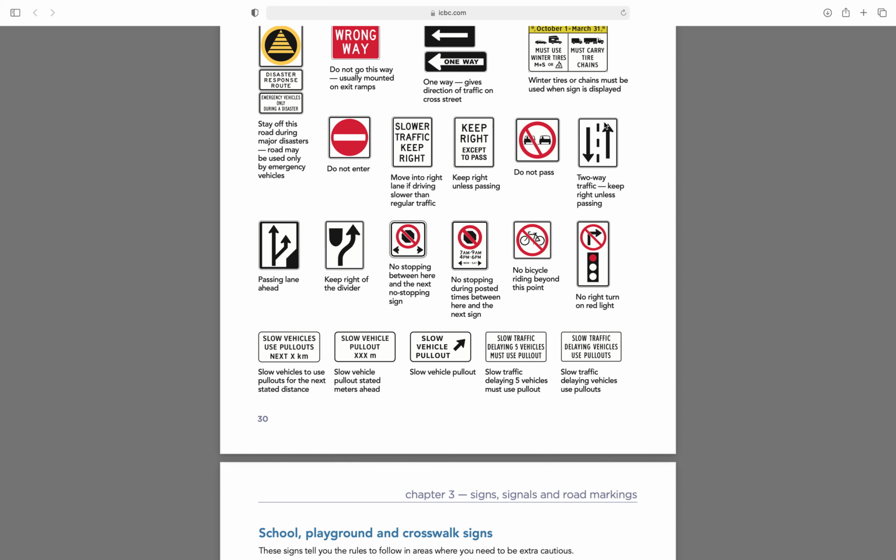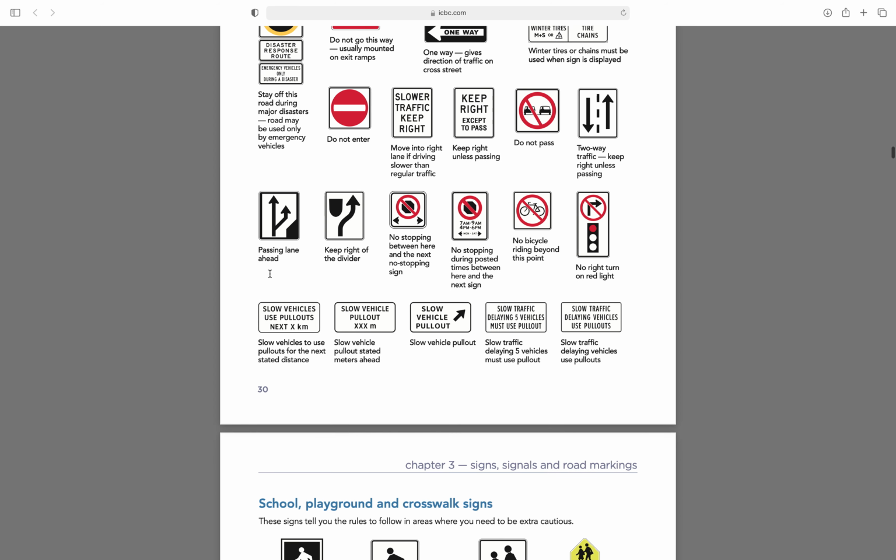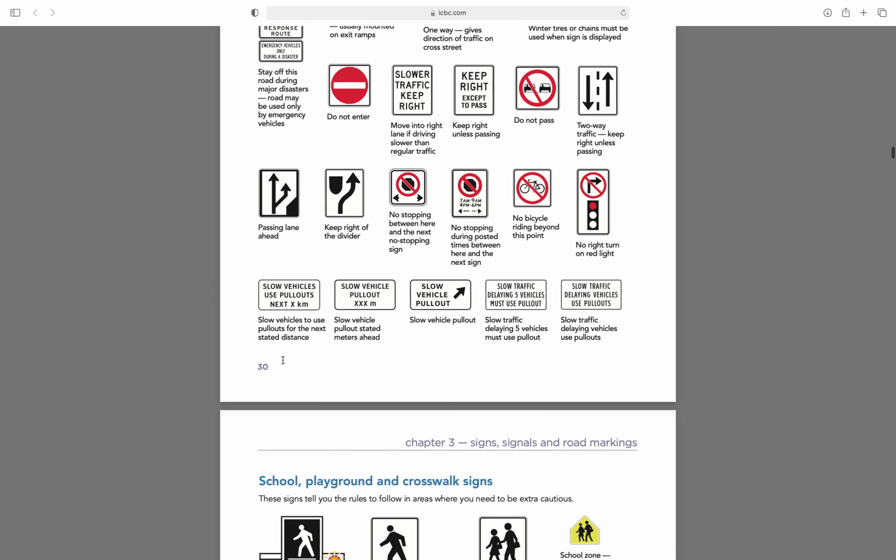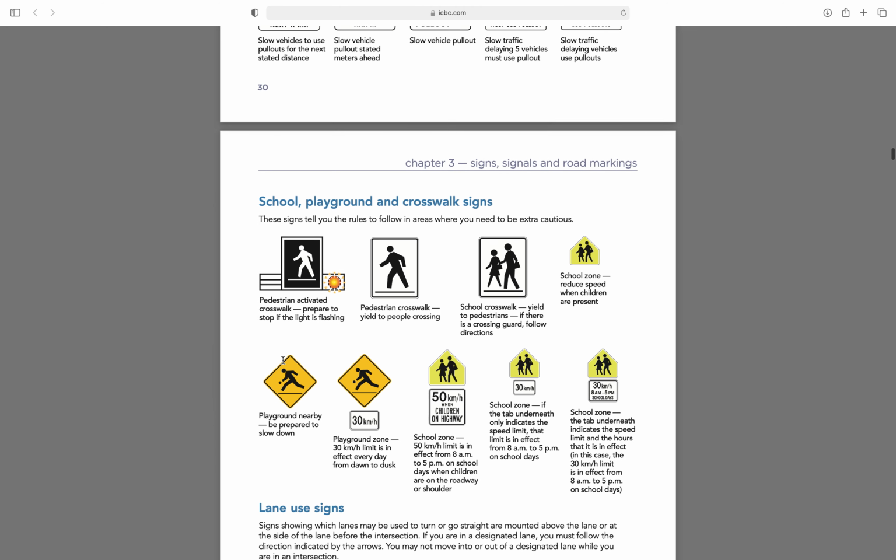But just in general, the traffic is going to be going that and that. This is another directional sign, just shows you that there's a passing lane or if there's a divider. And then these signs will tell you, they're pretty self-explanatory, honestly. There's not really a lot of them that you require additional information with. They try to put all of the information you need on the sign.